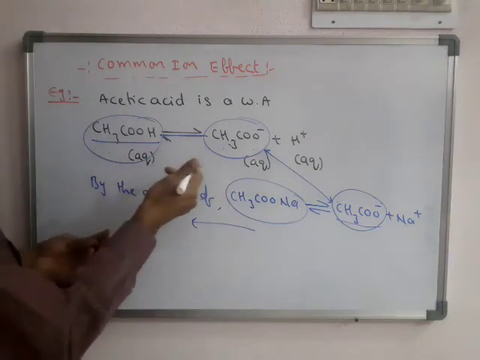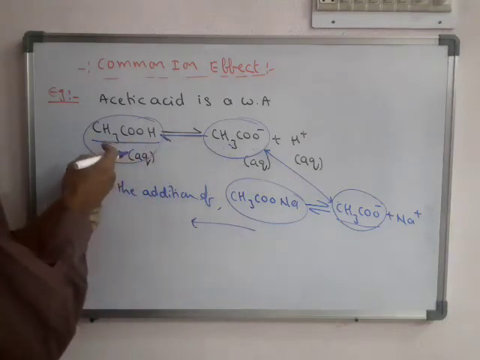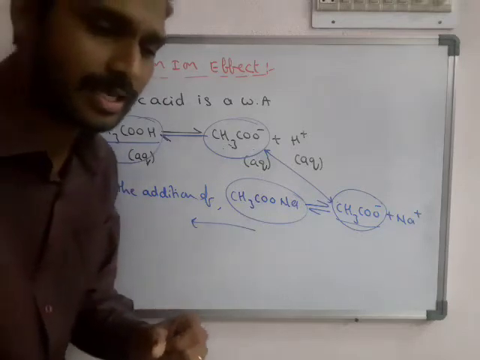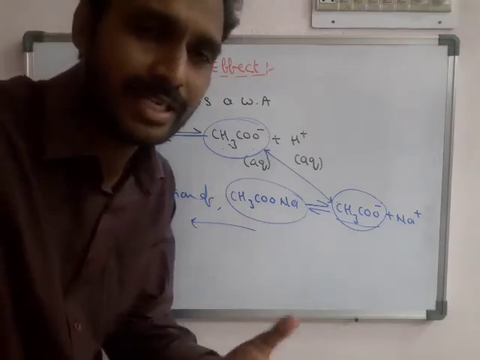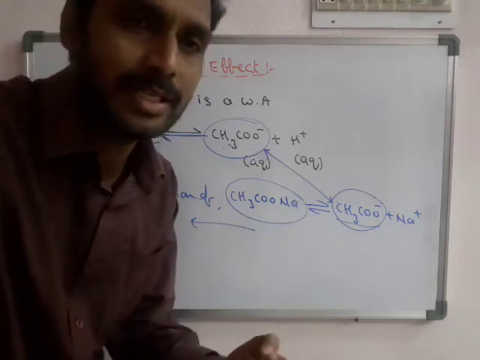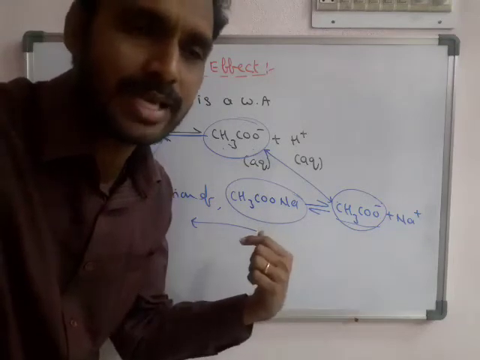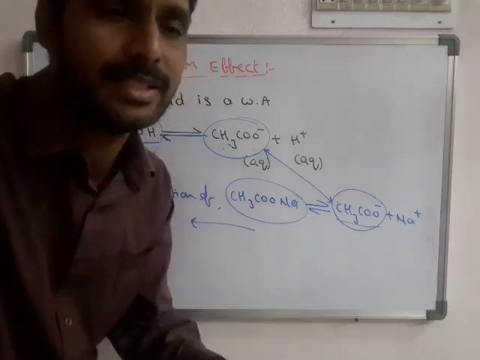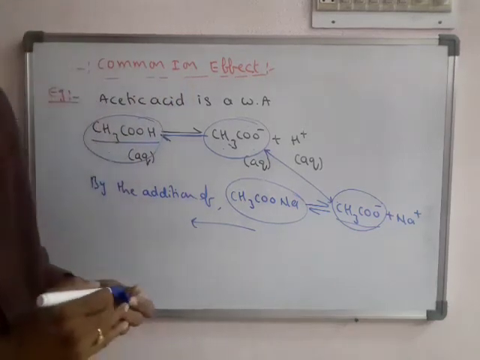Backward reaction means there is a formation of some acetic acid. It is already a weak acid with a very small degree of dissociation, nearly 10%. Again with the backward reaction, there is a further decrease in the degree of dissociation.